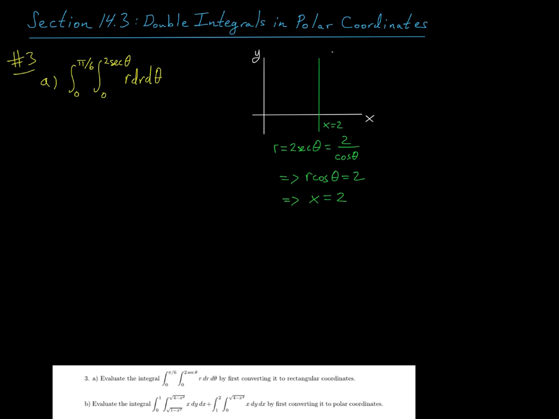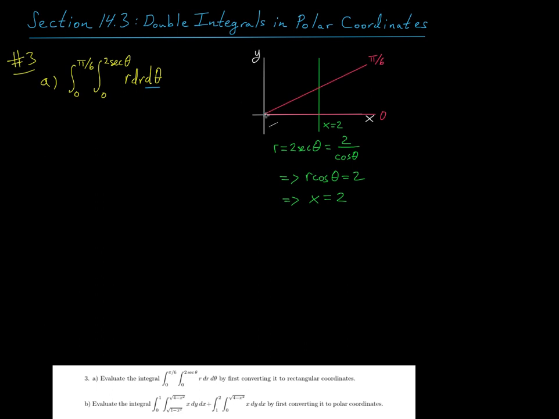All right. And now theta is varying from 0 to pi over 6. So here's 0 and here's pi over 6. And so now for the integral, since theta is our outside variable of integration, we're going to think about fixing theta.